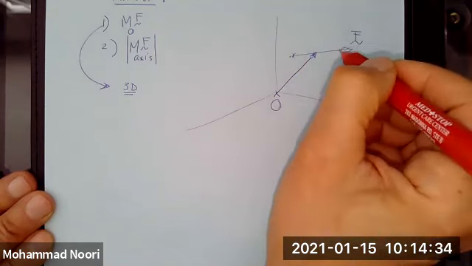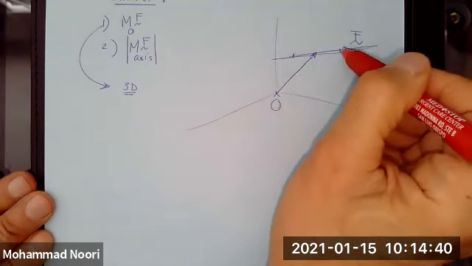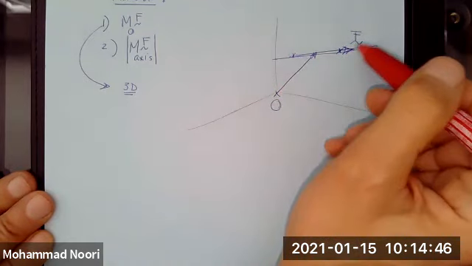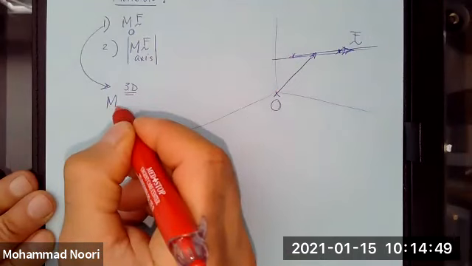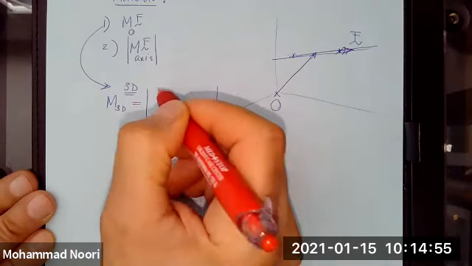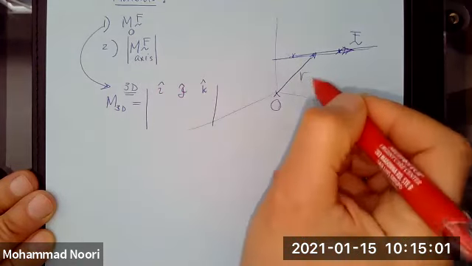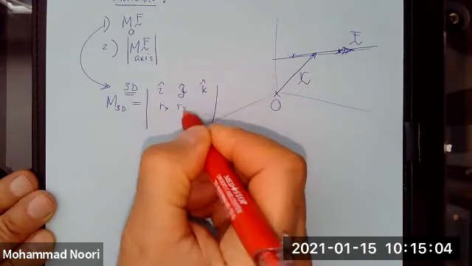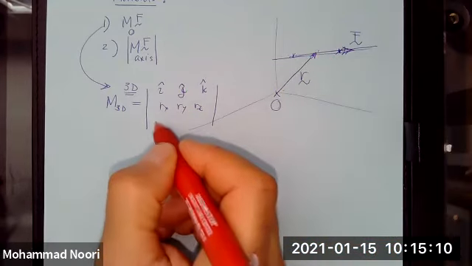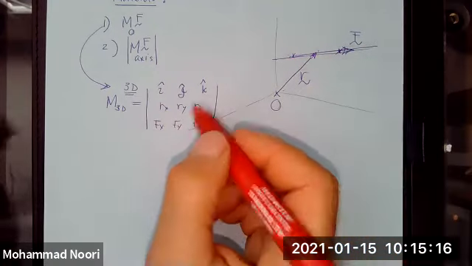And typically, as you've seen from example problems, a force is given acting along some direction, and 2 points along that direction are given. So connect O to one of those two, and then simply set up this determinant, which consists of first row ijk, second row the x, y, z components of this vector, which is the position vector, and the third row the components of this force.